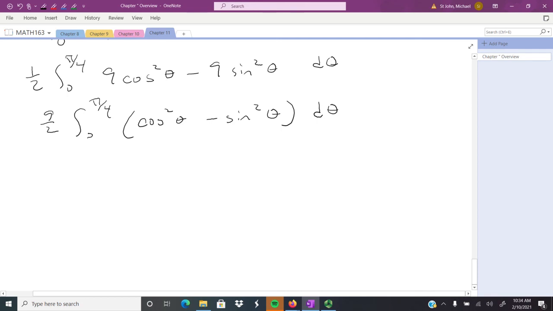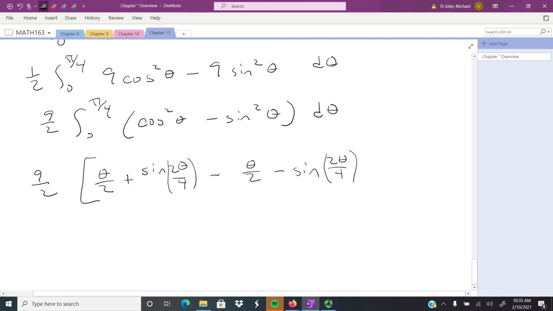And so then when I integrate this, this will give me 9/2. And cosine squared, this is going to be theta over 2 plus sine of 2 theta over 4, minus theta over 2 for sine, minus sine of 2 theta over 4.